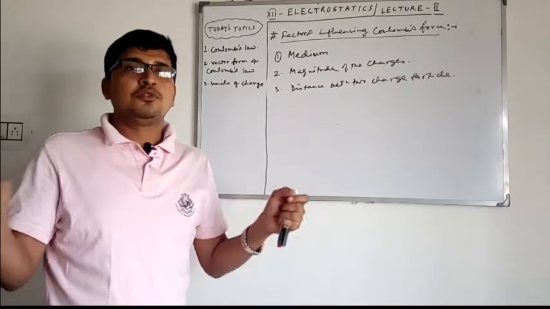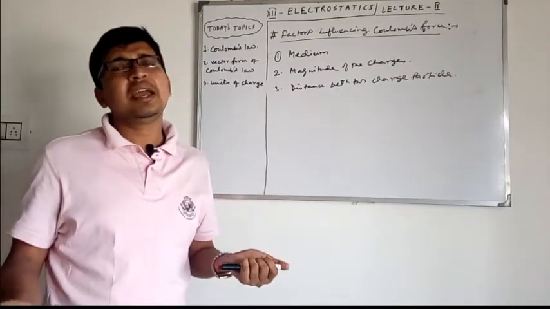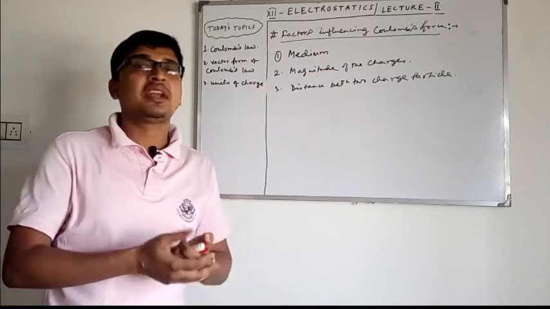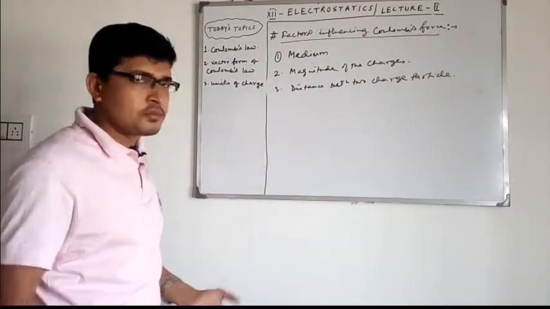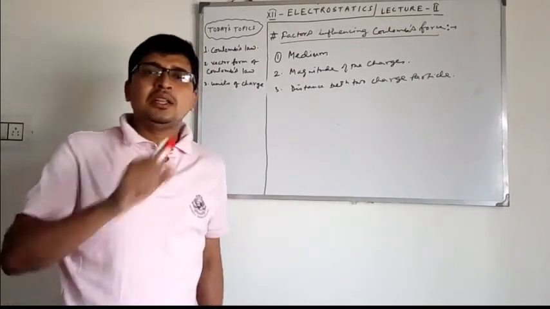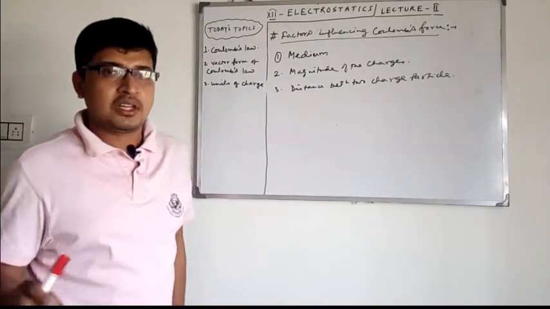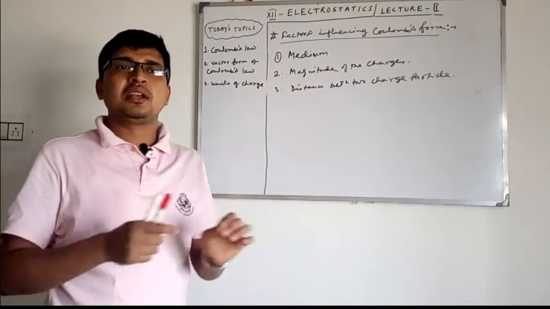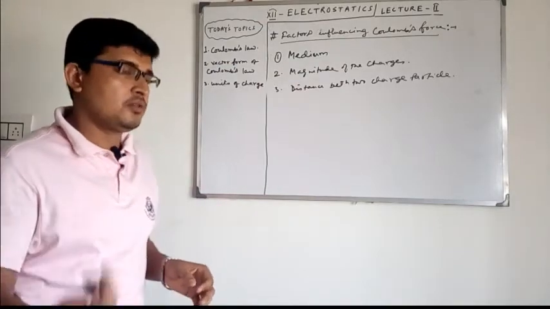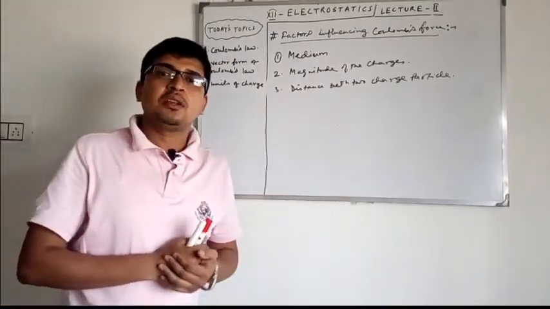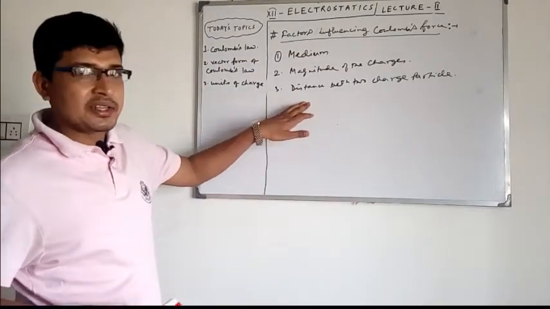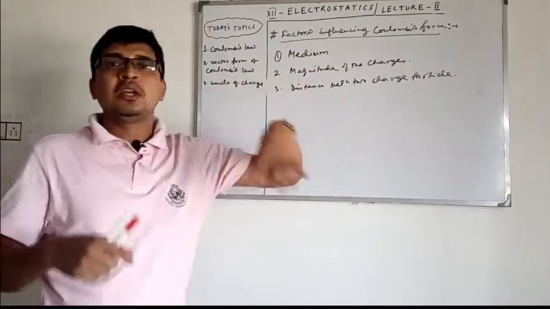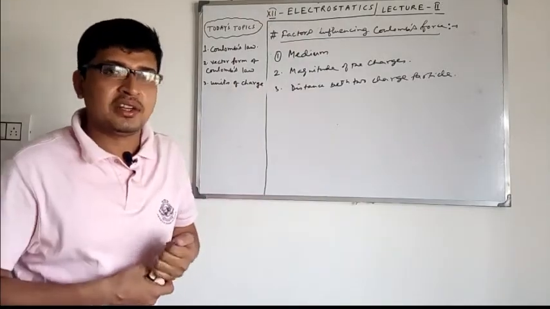That means the force is directly proportional to the product of the magnitude of their charges, which we have seen in the statement of Coulomb's law. And the third one is the distance between the two charged particles. That means the force is inversely proportional to the square of the distance between them. These are the three factors on which the force between two charged particles depends.